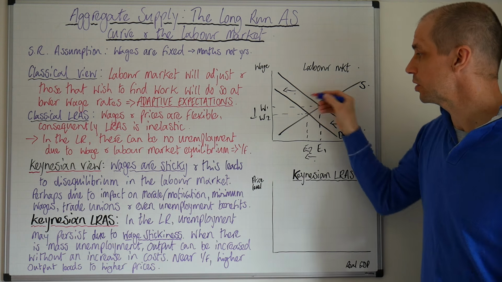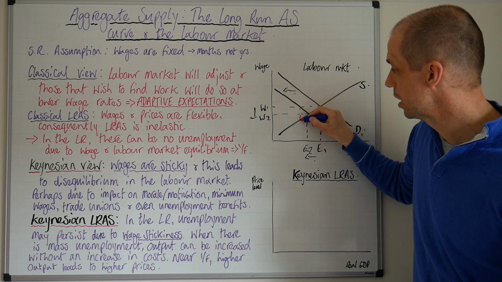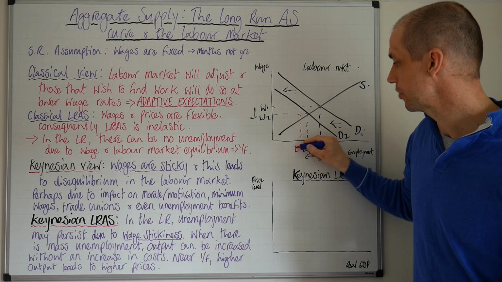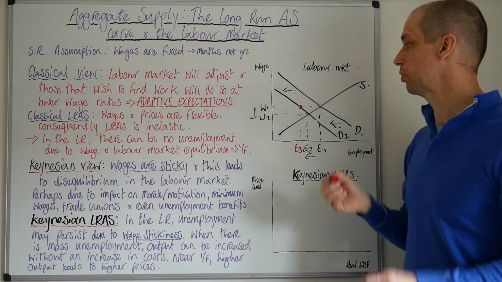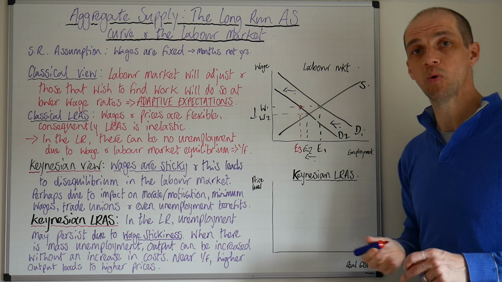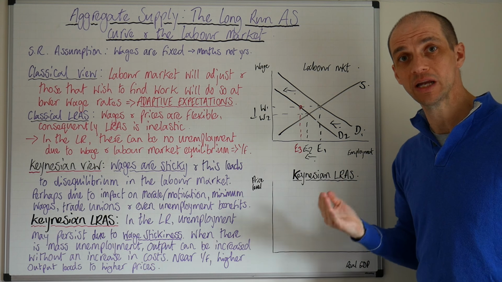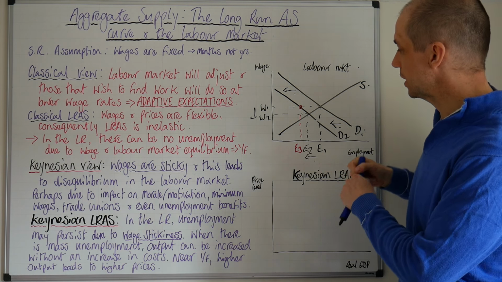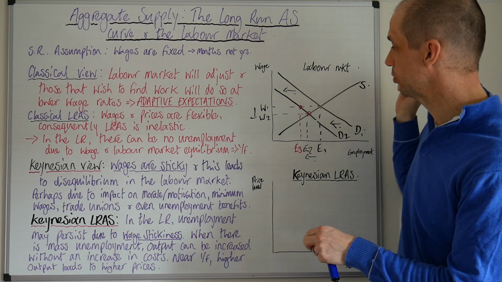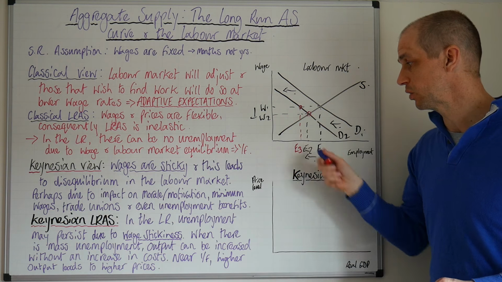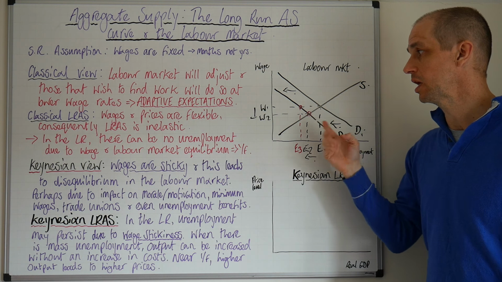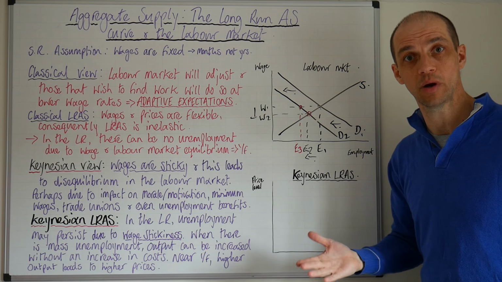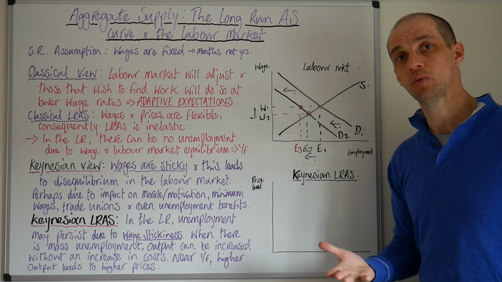Right, so what does this mean? Well, it's likely to mean that actually the labour market, Keynes argued, would actually contract to such a point, and we can see that W1 is maintained at that wage rate. So the classical economists, they believe that we would actually be at W2, E2, but Keynes would argue that wages are sticky, so people would not want to actually work at lower wage rates.